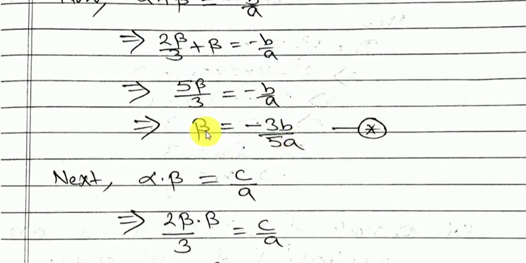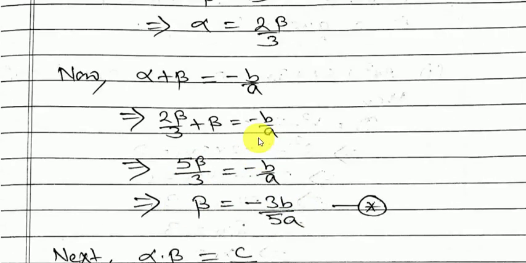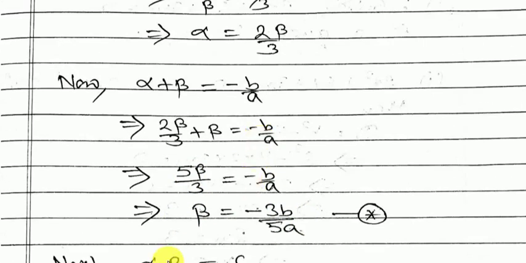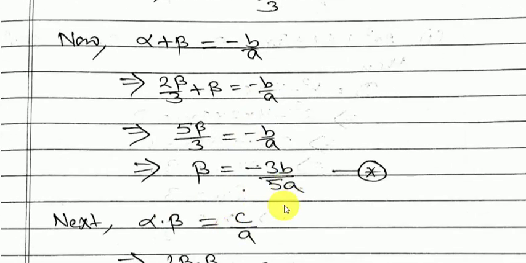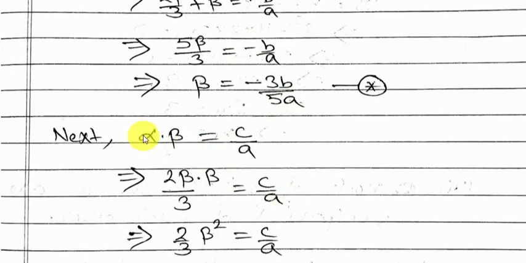When you simplify, you get the value of beta in terms of a and b. Now further you know that the product of the roots is given by c upon a. So in place of beta you can put this, minus 3b upon 5a.